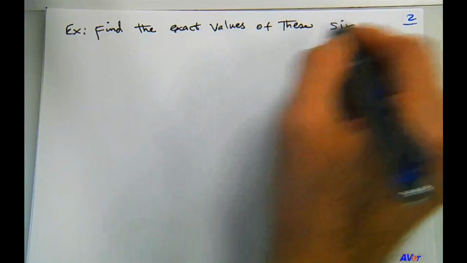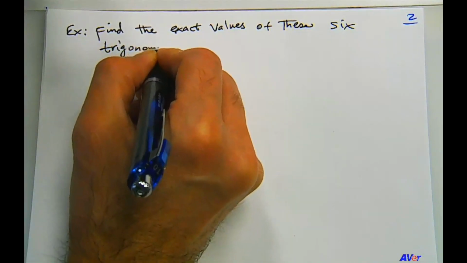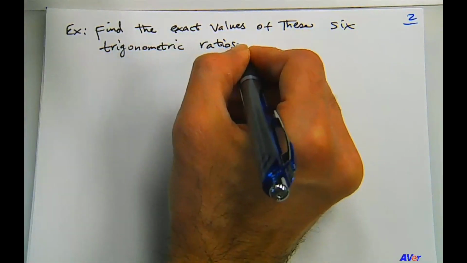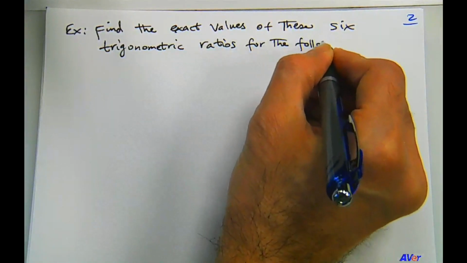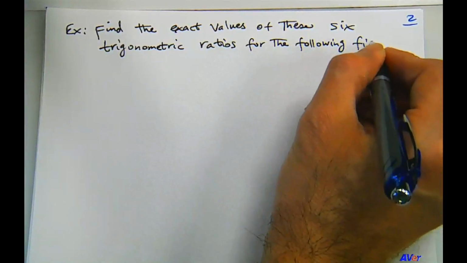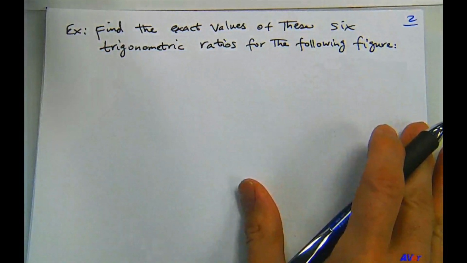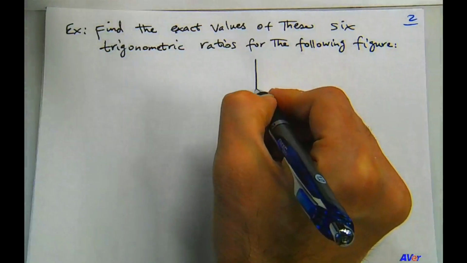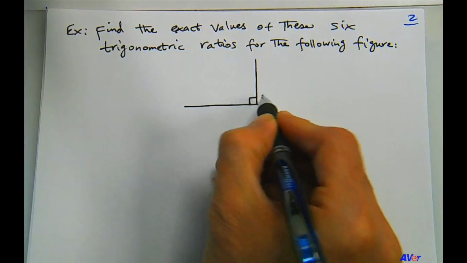We want to find the exact values of these 6 trigonometric ratios for the following figure, which is as follows. We're going to have this figure given to us. So we have this right triangle, right? This being the 90 degrees.